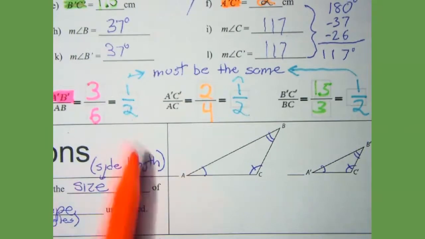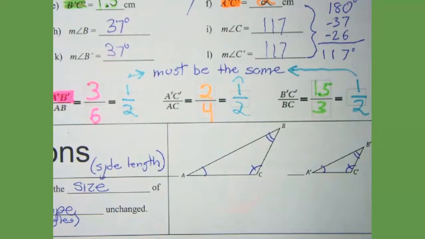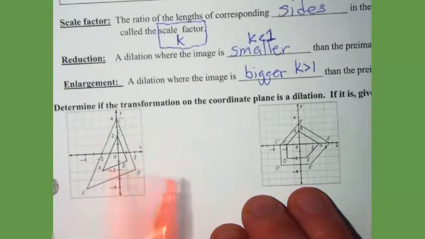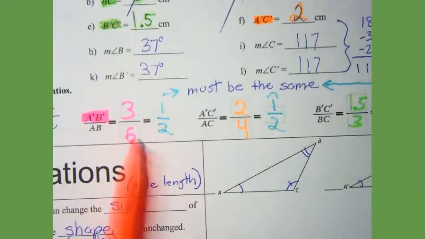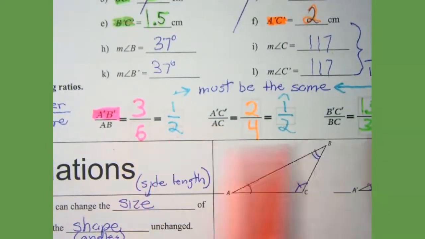Yeah, it's all of them. The point is you'll pick whichever side you want to pick. You'll have different numbers, like we had 3/6, 2/4, 1 point. You might have different work, but your scale factor has to be the same.